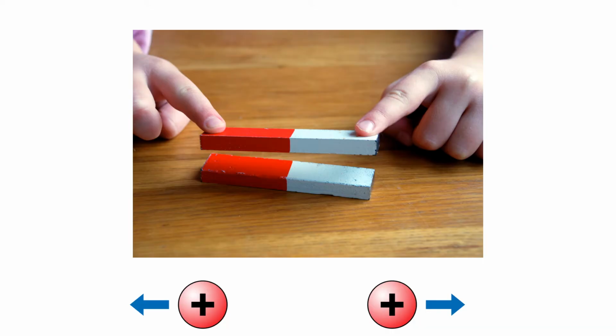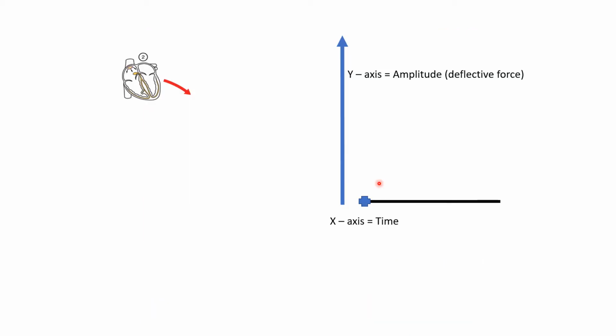As a kid, did you ever try to take two positively charged sides of a magnet and press them towards each other? Well, they repel. This is essentially how an ECG works. Here, I have a positively charged electrode, and it will be deflected by a positively charged force moving towards it. Here I have the sinoatrial node sending a depolarizing stimulus to the atria.